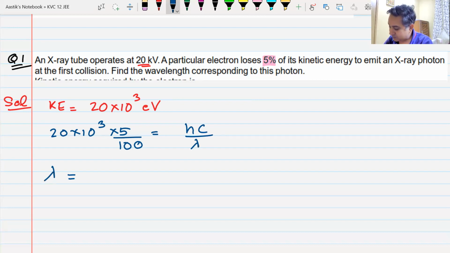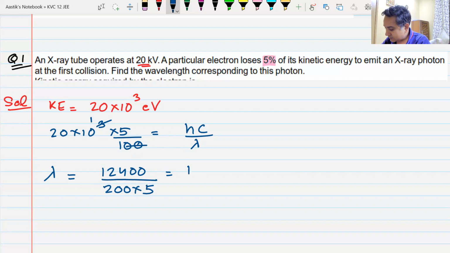So lambda becomes hc, that is 12,400, divided by everything in electron volts. I just divide it. So this 2 and this 3 will become 1. 200 into 5, and the answer is 12.4 Armstrong units. How long should it have taken you to do this?